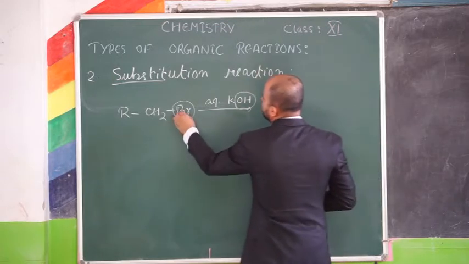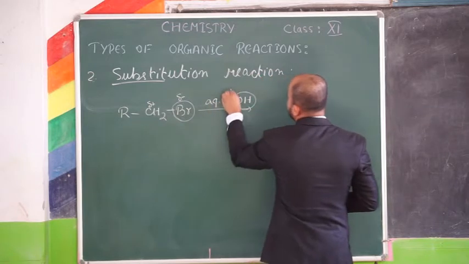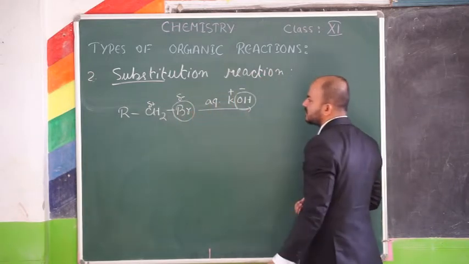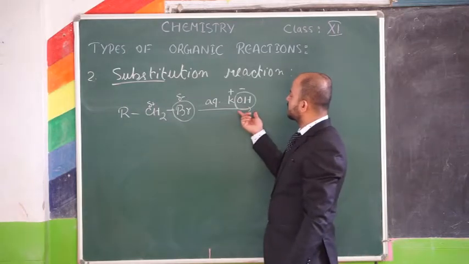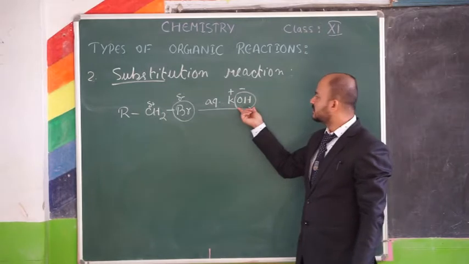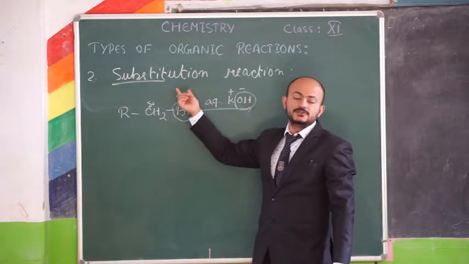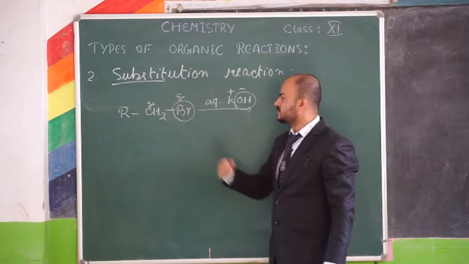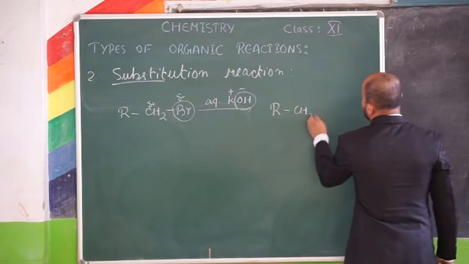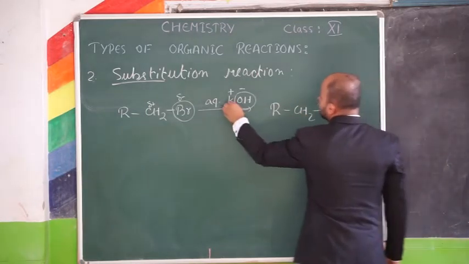Here this is delta positive and this is delta negative, so the negative has to be substituted with negative, that is the nucleophile, OH minus. This is also known as nucleophilic substitution reaction. In such reactions, what we get is RCH2OH, and your byproduct will be KBr.